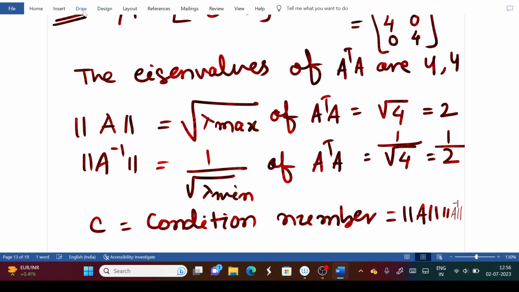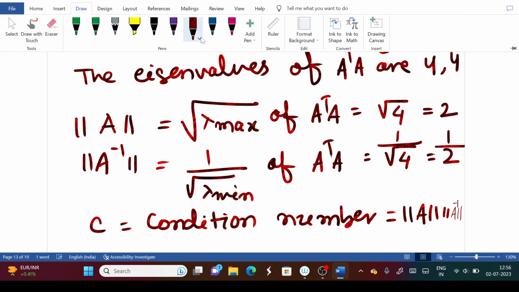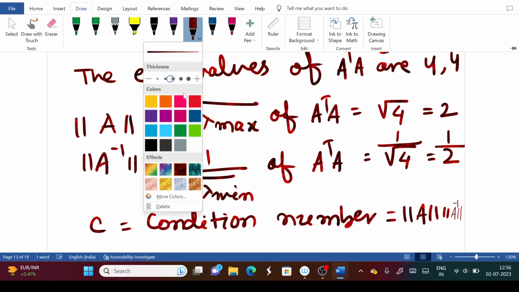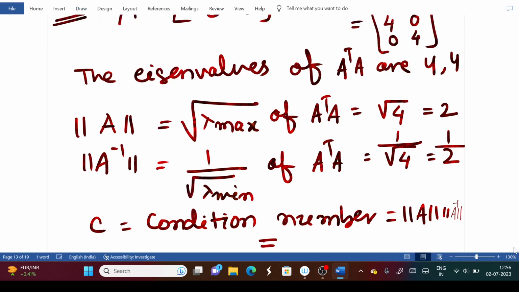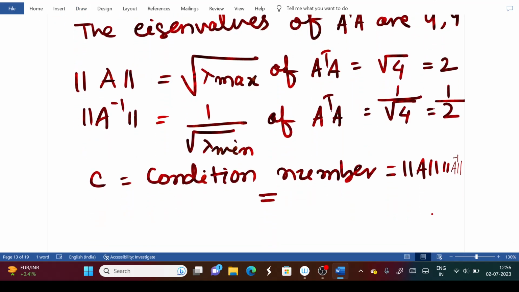Okay, so what we got? This is equal to 2 into half, which is equal to 1. Okay, so for this matrix it is over.